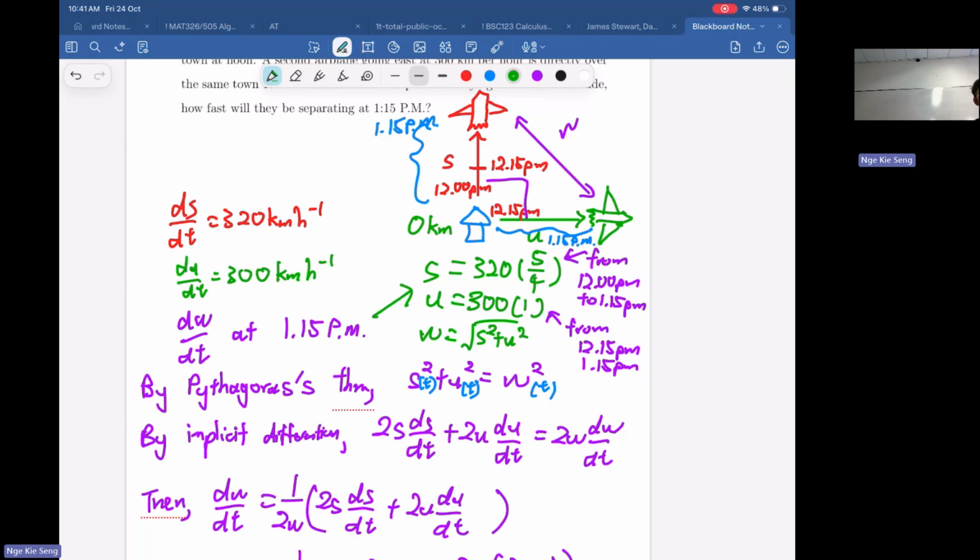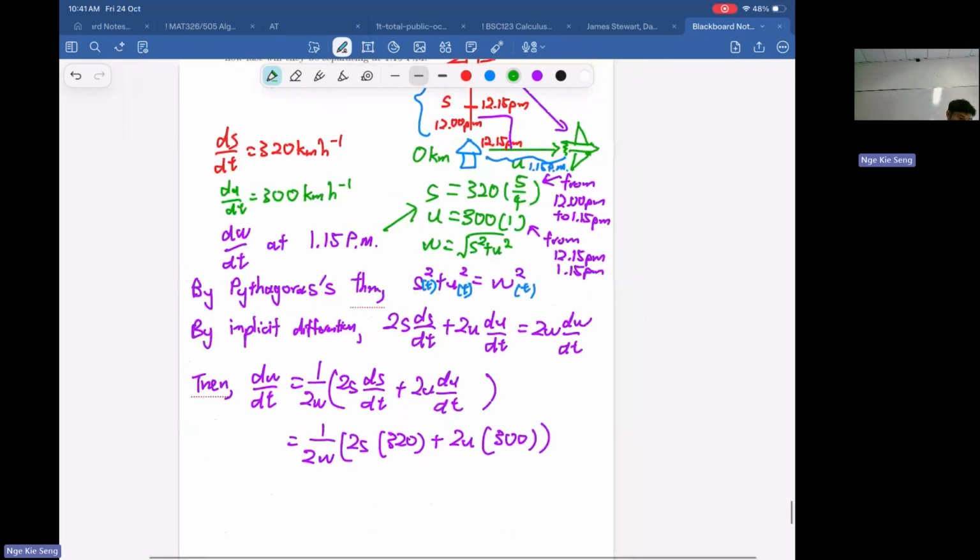Question? I think some of you are quite confused. 冰针, is it 冰针? Do you understand what I said? No question? Okay. So you just substitute everything into this equation here.